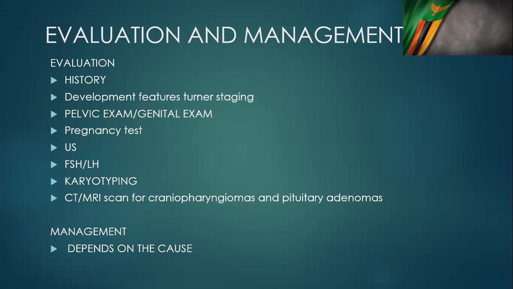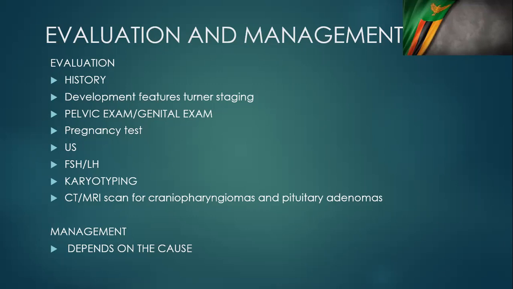The other thing I see in the exams is that when you have a primary ovarian problem, your FSH, follicle stimulating hormone, and luteinizing hormone, when you do your labs, is going to be very high.